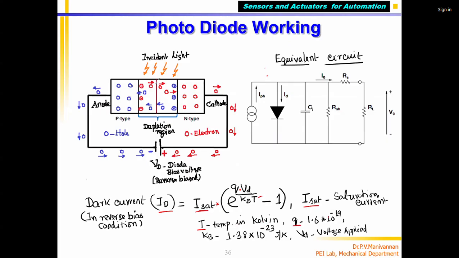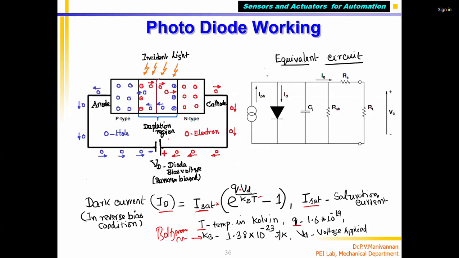Q is the charge of an individual electron, which we know is 1.6 times 10 power minus 19 coulombs, a very small quantity. KB is called the Boltzmann constant, which is 1.38 times 10 power minus 23 joules per Kelvin.